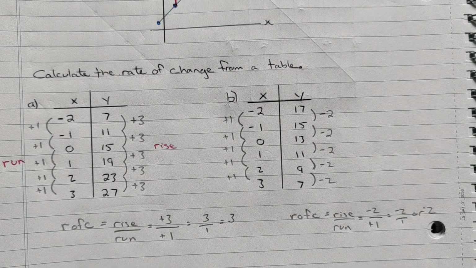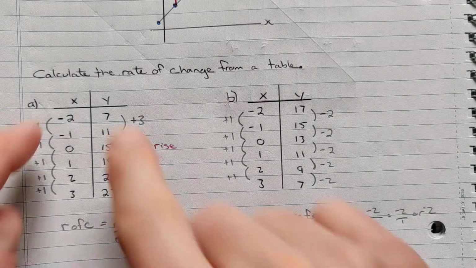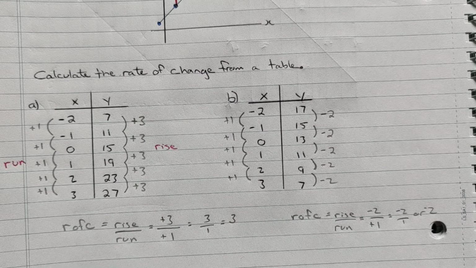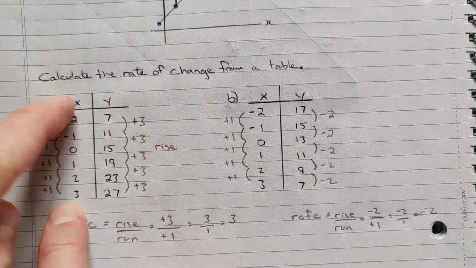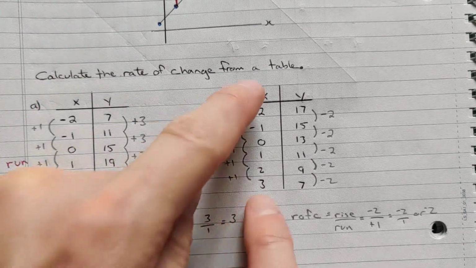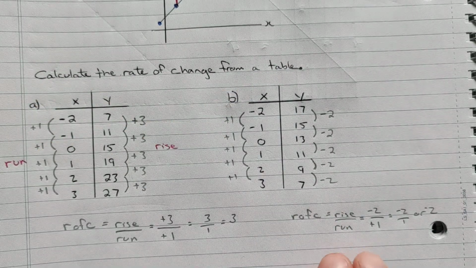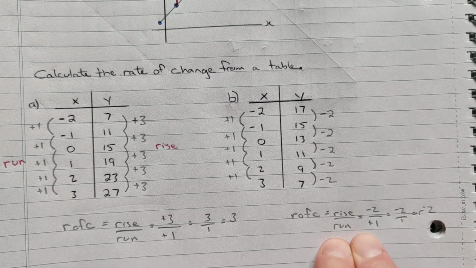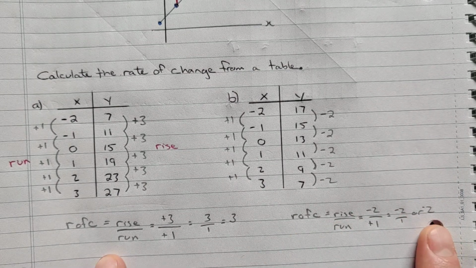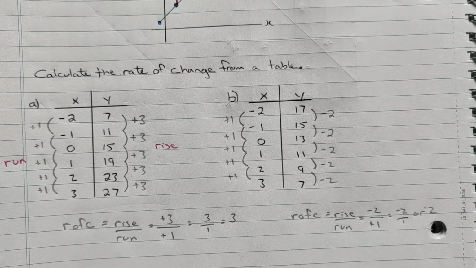So to get the rate of change given a table, we just compare the two values, x and y, or whatever our horizontal and vertical terms are, and we put the vertical on top over the horizontal, and we get our rise over run. So that is an example of one situation.